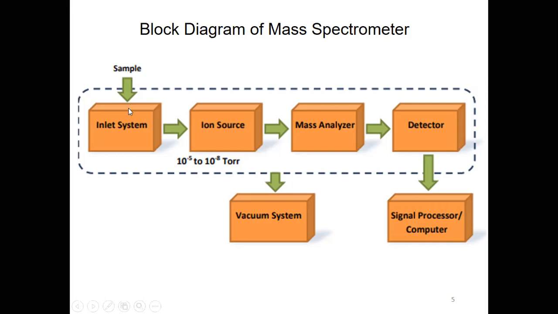It then goes through an ion source, where ionization happens. Then the mass analyzer analyzes the masses, and it goes to the detector. Then the signal processor or computer generates the signal.